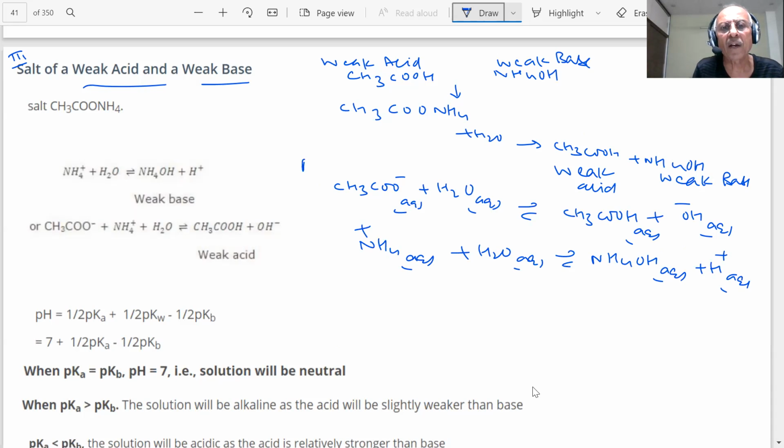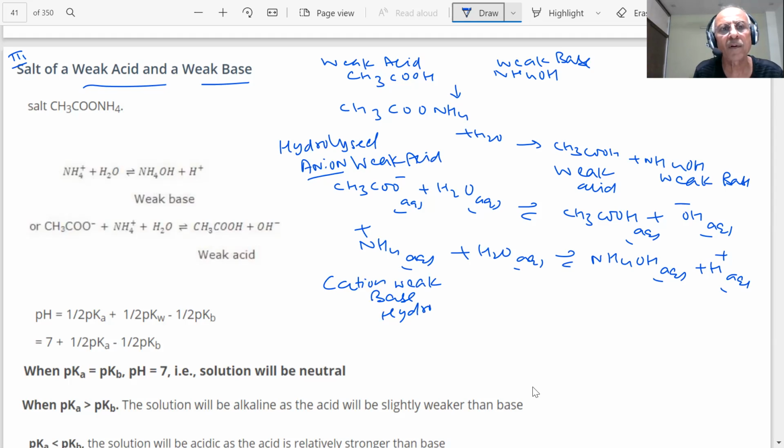So this is an ion of a weak acid, hydrolyzed. Okay. The cation of a weak base, hydrolyzed. The question will be, what will be the pH of the solution? It will be 7, more than 7, or less than 7. Such questions are asked in the paper.